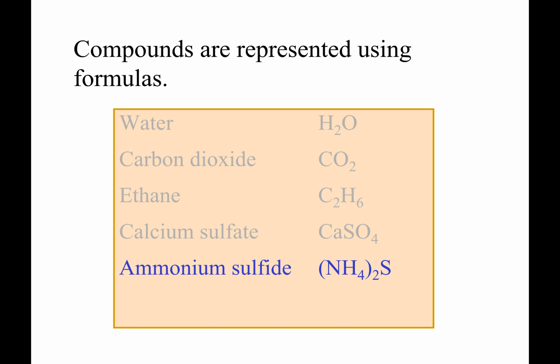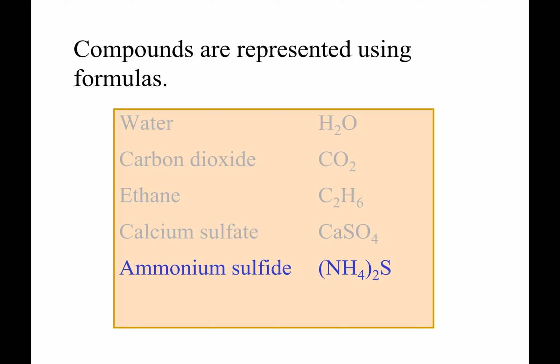Now, when you see a chemical formula for a compound written this way, and I just talked about this in my physical science class, you have to think of this 2 as meaning that I have 2 of the groups that it is after. So in these parentheses, I have 2 NH4 groups. That means it looks like this: (NH4)2S, I have that sulfur in the middle, and I have 2 NH4 groups.